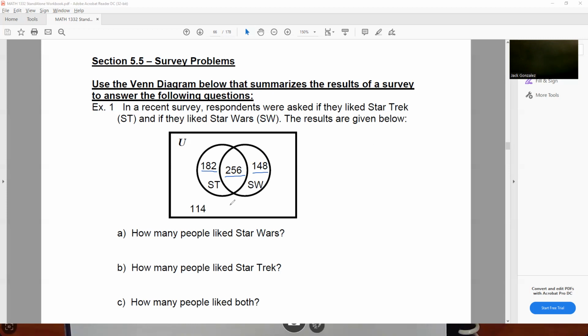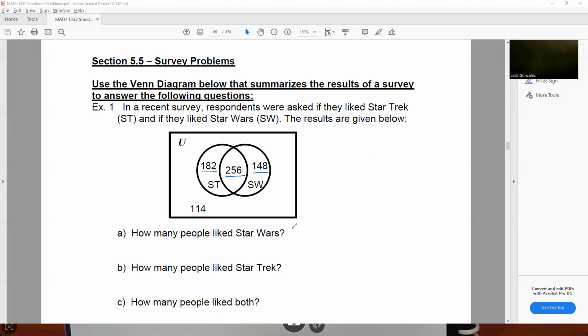I'm trying to make sure I understand how they wrote it. Let me read the question carefully. In a recent survey, respondents were asked if they like Star Trek and if they like Star Wars. So if it's a questionnaire, I'm assuming 148 people just checked Star Wars, 182 people checked just Star Trek, and there were 256 that checked both. So I'm going to assume that each of those are separate things, not overlapping.